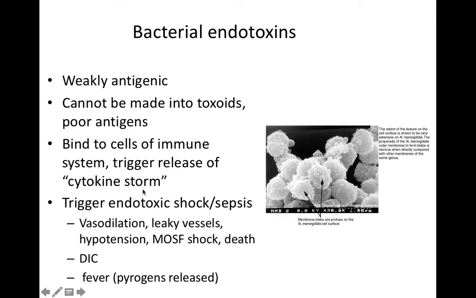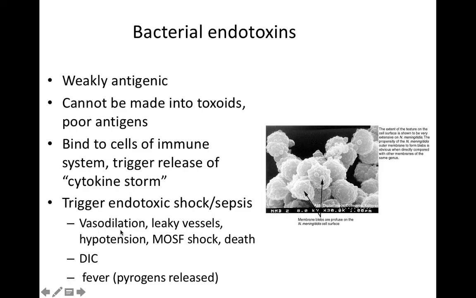And as we said, you guys, we need low amounts of cytokines locally for a good immune response. But when we have massive amounts of cytokine being released, streaming throughout our bloodstream, we get these totally inappropriate responses that we describe with endotoxic shock, endotoxic sepsis.